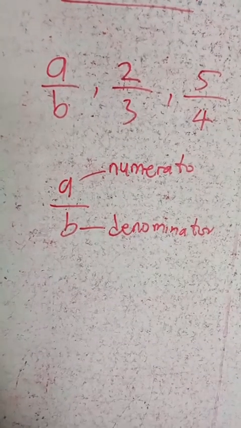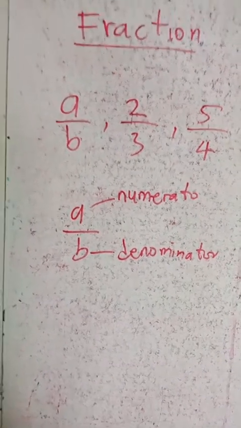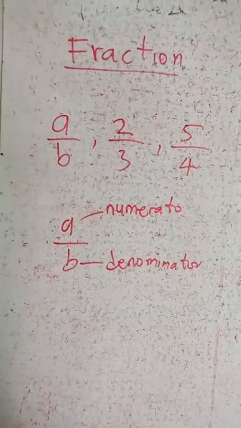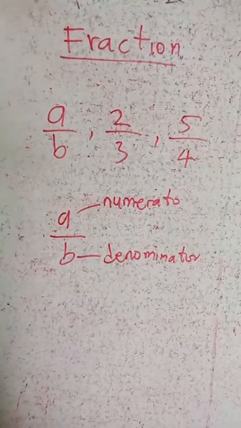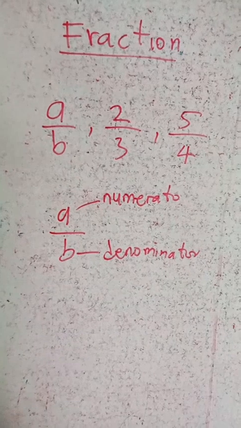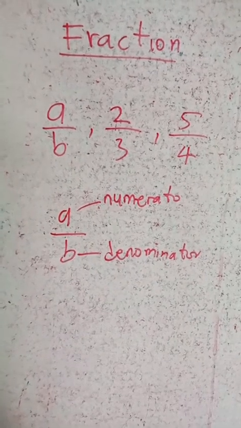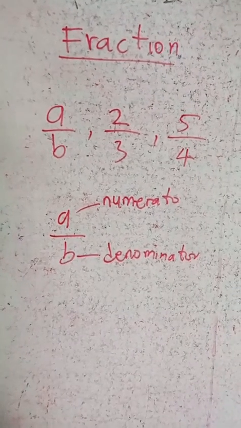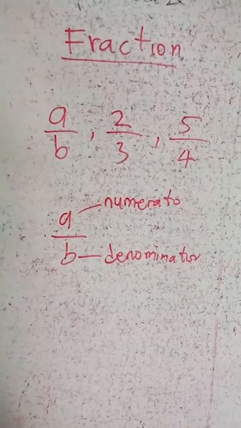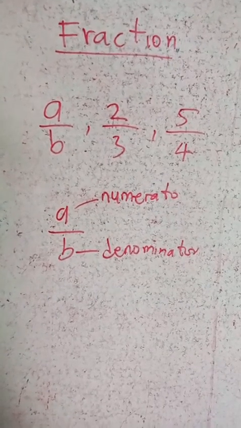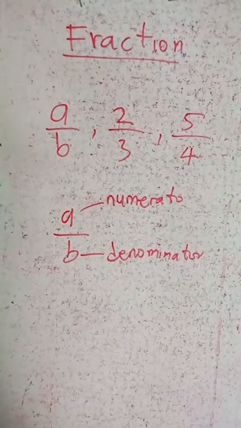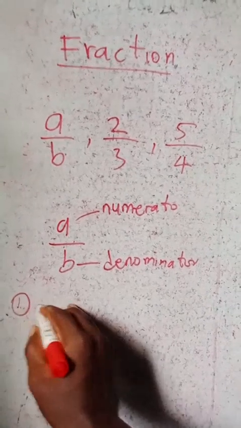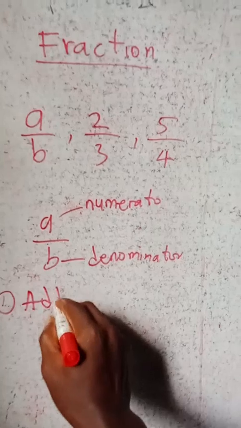Okay, you know we have types of fraction, of course. We have the proper fraction, the improper fraction, and the mixed fraction. But we are going to relate this fraction to addition, subtraction, division, and multiplication. Number one, addition.